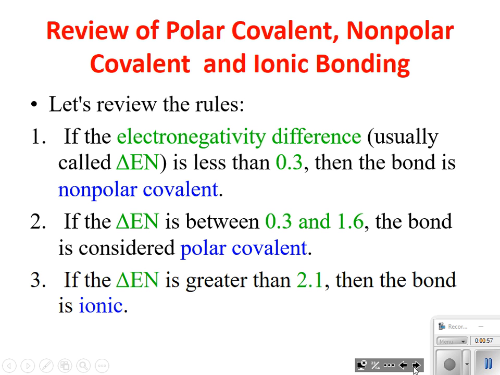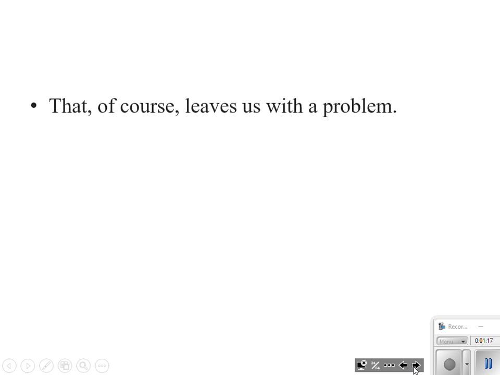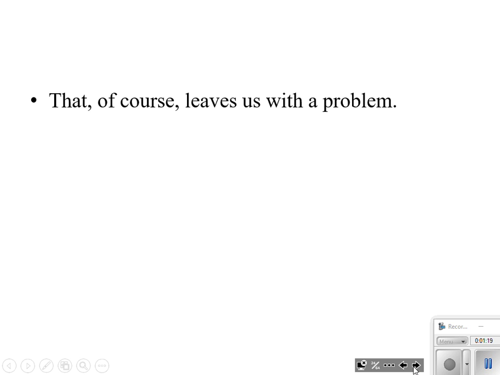Do you remember when the difference in electronegativity was greater than 2.1? That it was an ionic bond. That left us with a problem between 1.6 and 2.1.